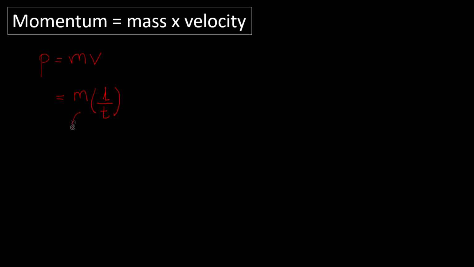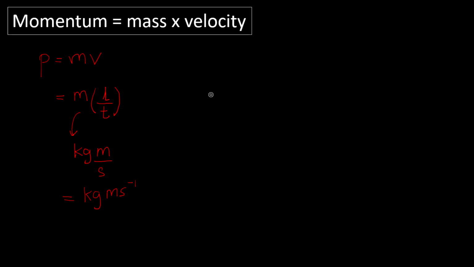So from here, we know that mass is kilogram, and the length is in meter, and time will be in second, so over second like that. From here, we can bring s up, so it becomes kg m s negative 1. Okay?